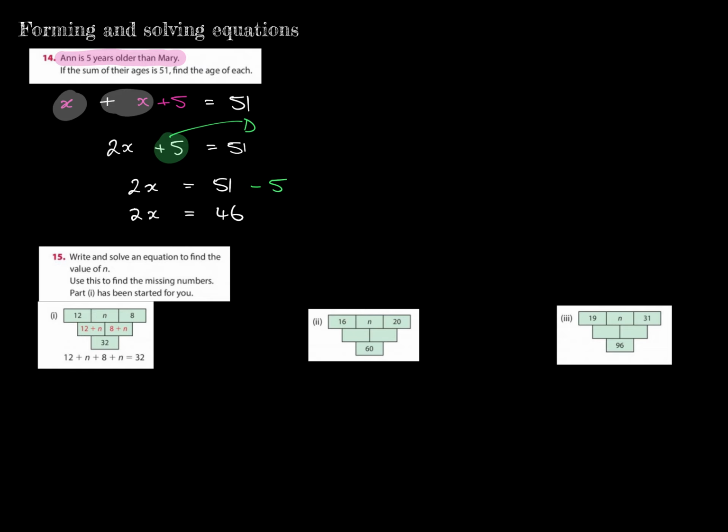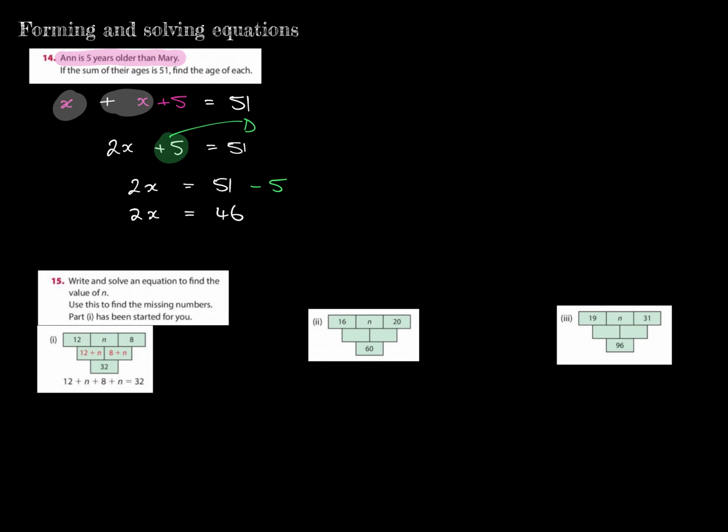In this case I'm going to have to divide both sides by 2, and I'll get x equals 23. You can see what we did was we divided this side by 2 to get 1x, so we had to divide this side by 2 to find out what the equivalent equation will be. Okay, so that's the first one.